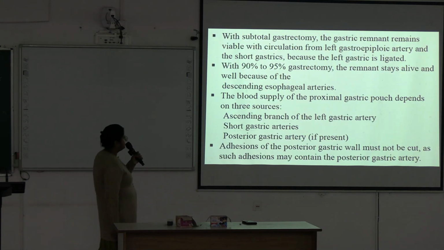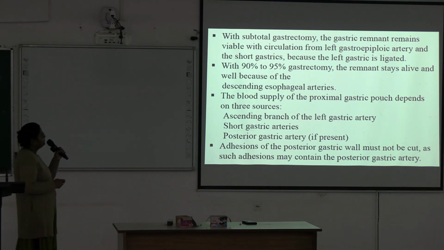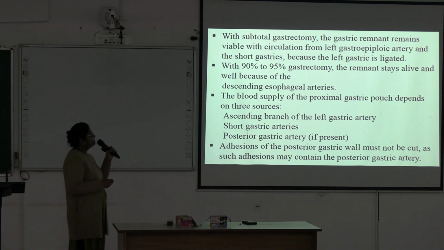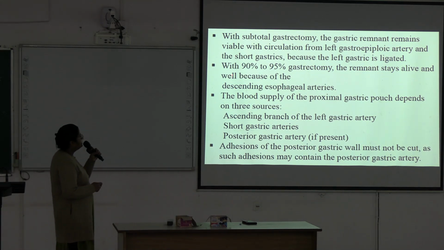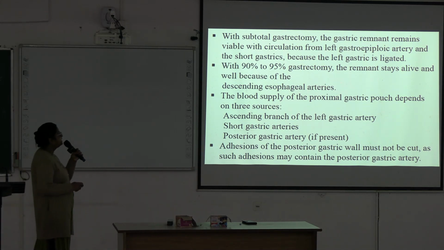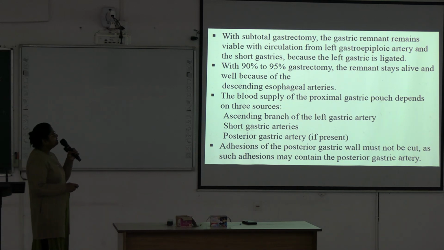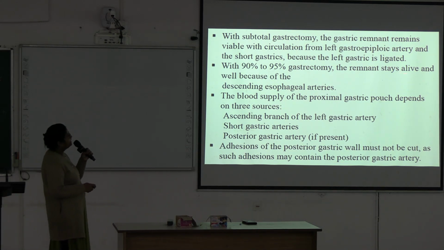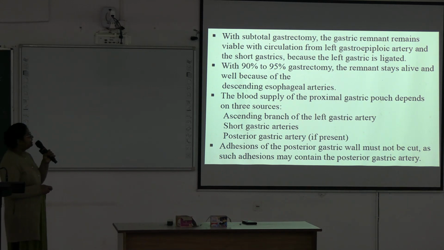Okay. Next, with subtotal gastrectomy, the gastric remnant remains viable with circulation from the left gastroepiploic artery and the short gastric artery because the left gastric artery is ligated. And with 90 to 95% gastrectomy, the remnant stays alive and well because of the descending esophageal arteries.